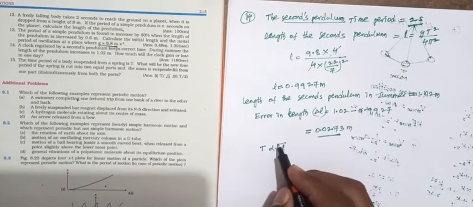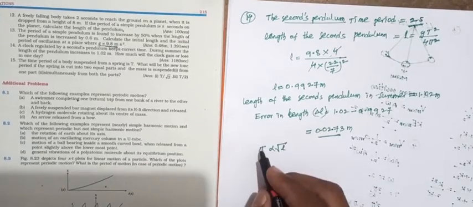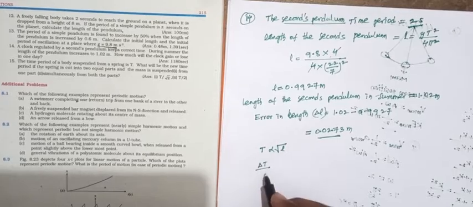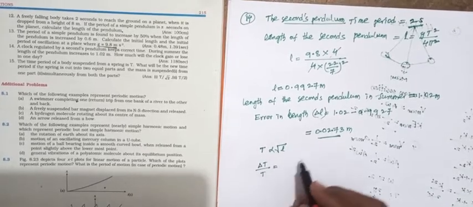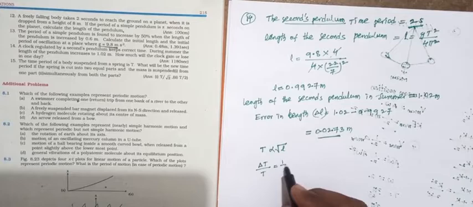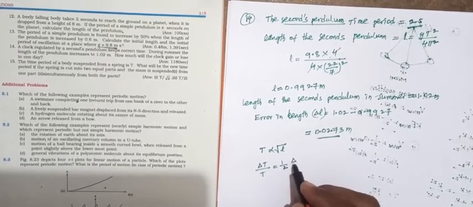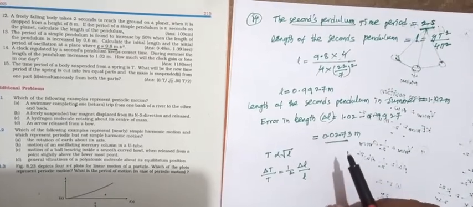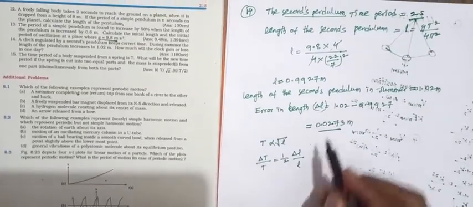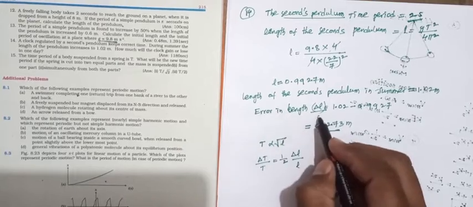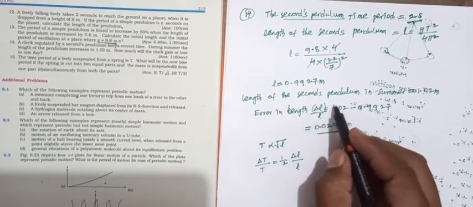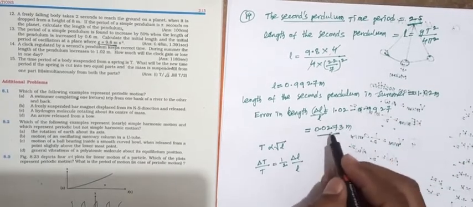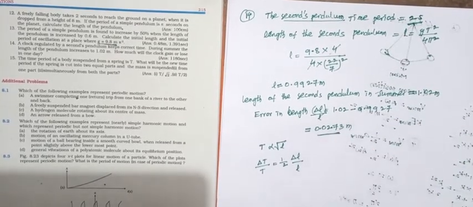From error principles, we can take delta t by t equals 1 by 2 delta L by L. Here the error in length delta L is 0.0273 meters.